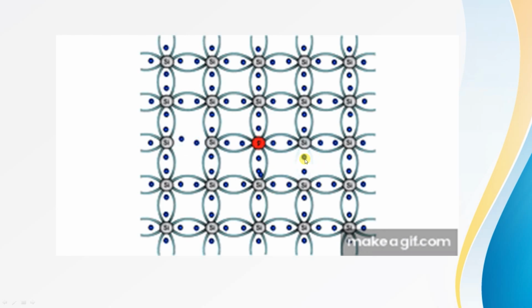Here we can see that holes are created, but the majority charge carriers are electrons. Since it is a pentavalent impurity, it has 5 valence electrons, and that electron collides with the other silicon atoms and the other electrons are set free. So, here the majority charge carriers are electrons and minority charge carriers are holes.